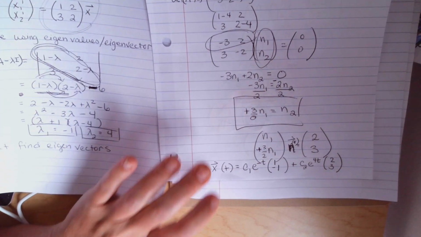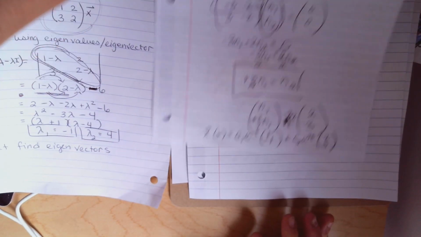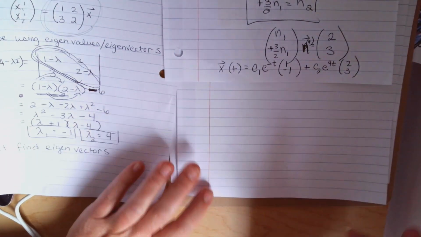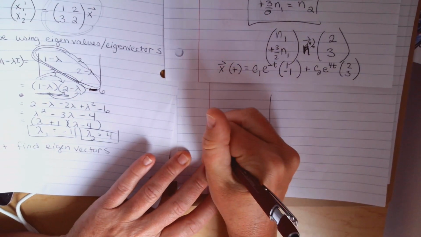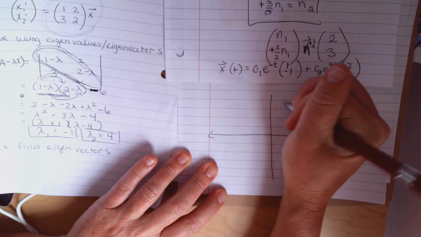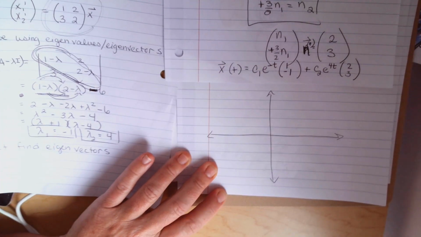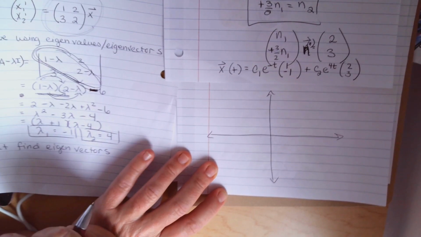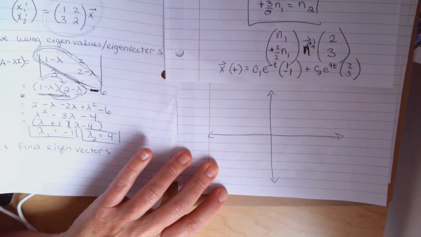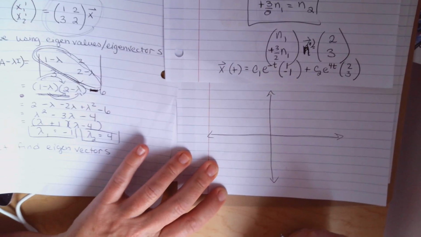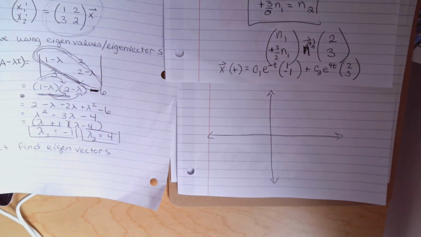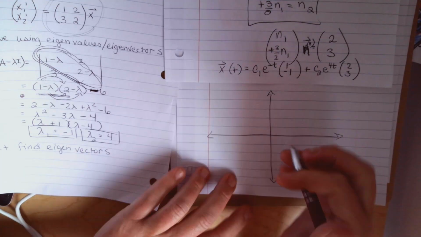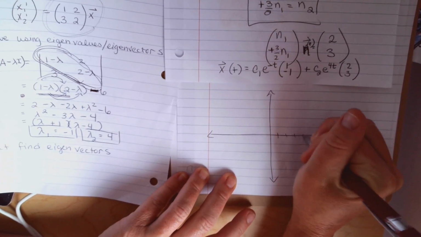Okay, how do I draw the phase plot? Phase plot. We have a 1, negative 1. What does that look like? Where is that? I'm going to do just little sketches, I do this all the time.